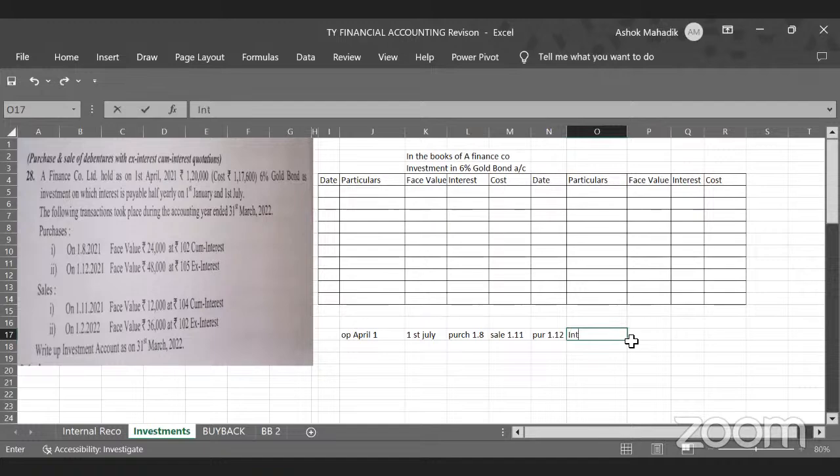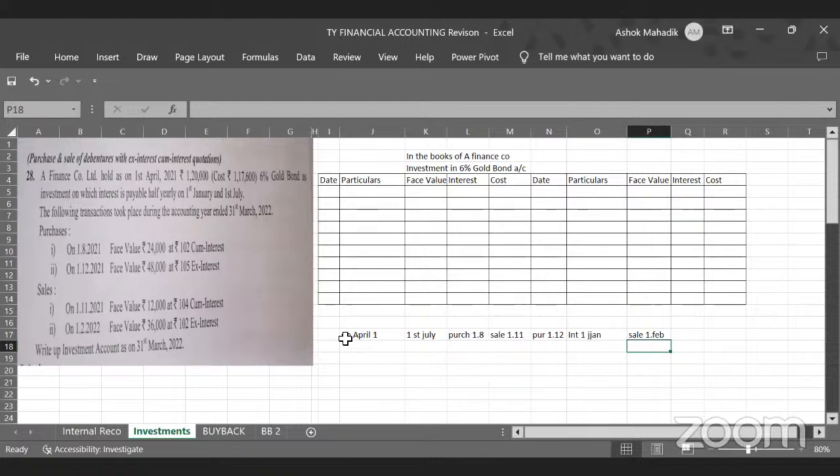Interest first January. Then after January we have on first February sale. So sale is there on first February. We can count opening plus 4 transactions, 5 plus 2, 7. 1, 2, 3, 4, 5, 6, 7. Yes, we have considered all the transactions.